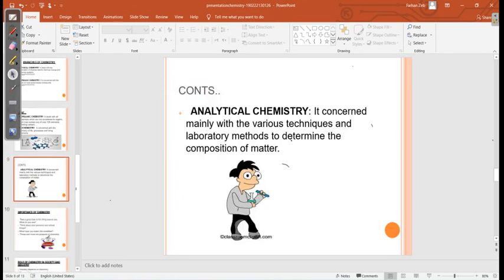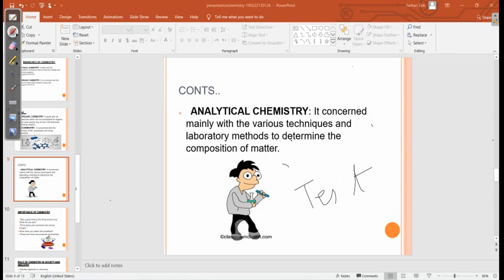But if we go next, then it is analytical chemistry. From the start of my lecture I'm talking about the study of this and the study of that. But how to study and how to check, those questions, that is the test. All the tests which we apply on our matter are made under the shade of analytical chemistry.